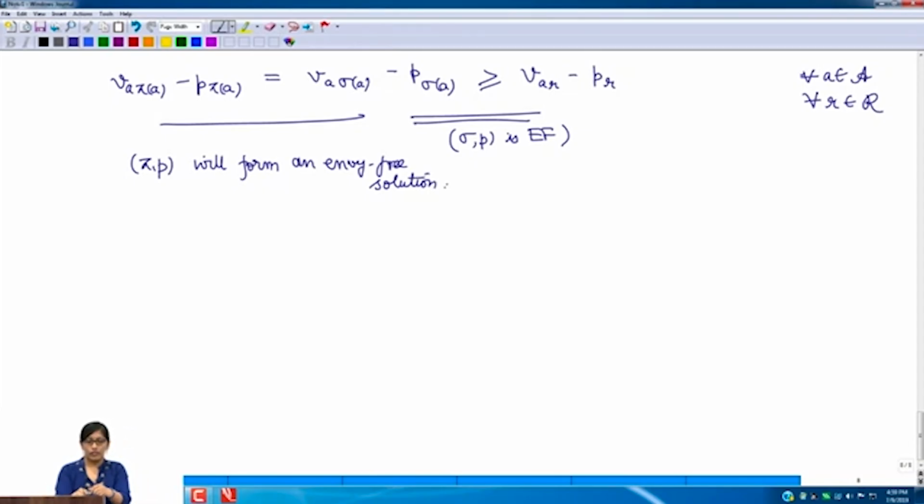So in particular, what is happening is, give me any max weight perfect matching of the valuation graph GQ, which is, let's say, pi. I can couple it with a price vector such that it will indeed form an envy-free solution, right? So is this part clear?